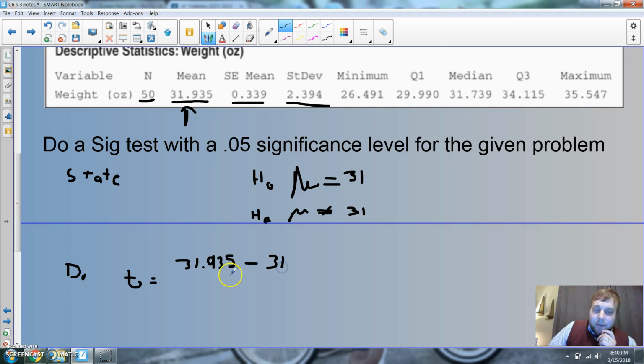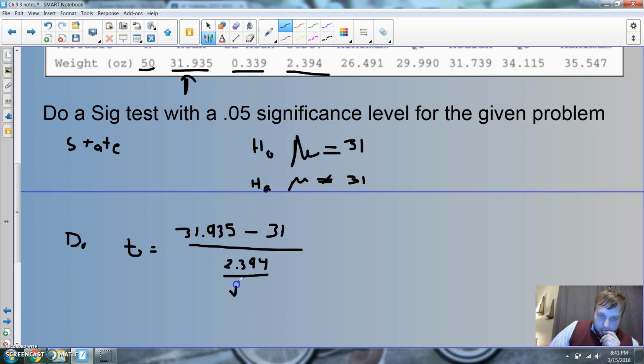That's not very far off, only about 1. Then I take the standard deviation, 2.394, and divide it by the square root of 50.